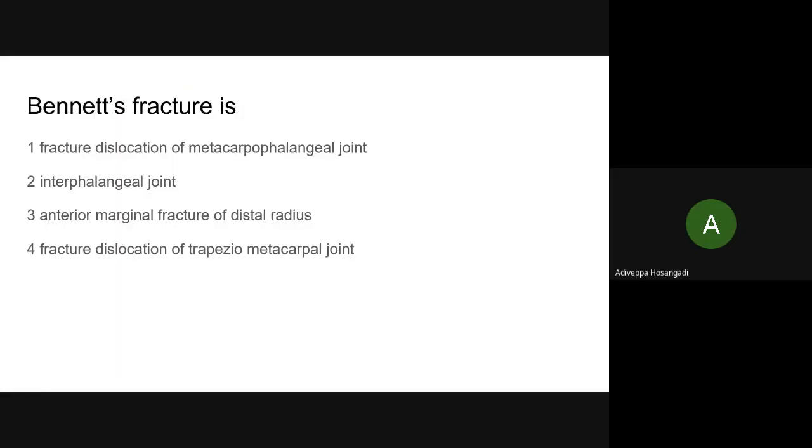Okay, good. So Bennett's fracture is a fracture of the metacarpal. Very good. Metacarpophalangeal? Read once again. No, sorry, sir. See, this is where you will know: if you jump to answer impulsively, you will make mistakes.